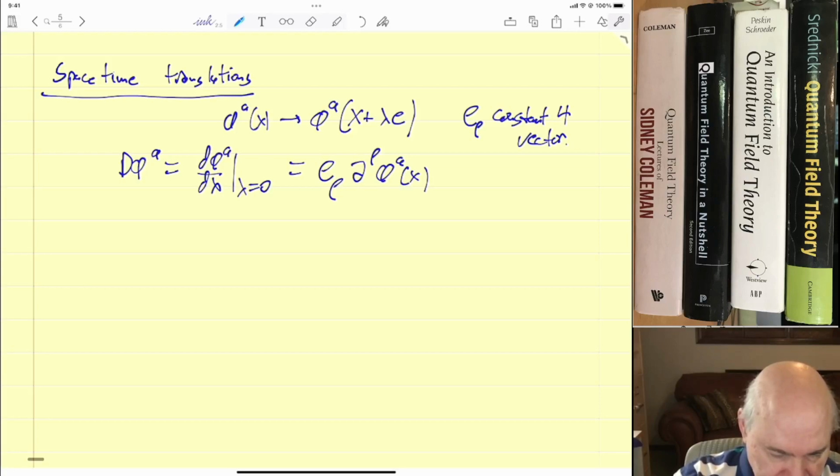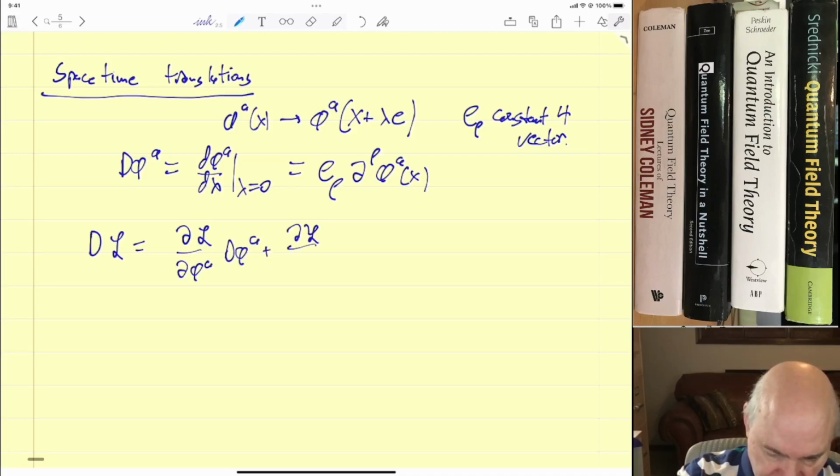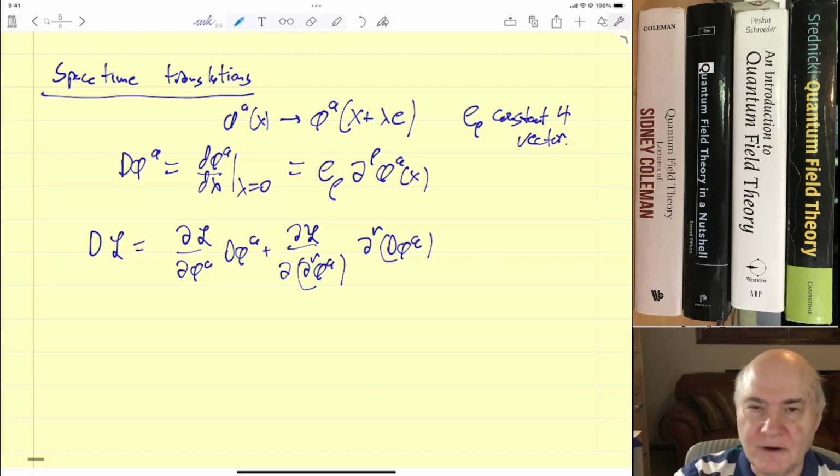So we're assuming everything is translationally invariant. Let's go calculate dL. The partial of L with respect to phi a, d phi a, plus the partial of L with respect to the partial of nu of phi a, times the partial of nu d phi a. In other words, we're assuming that our Lagrangian doesn't depend on coordinates explicitly, because otherwise it can't be translationally invariant.